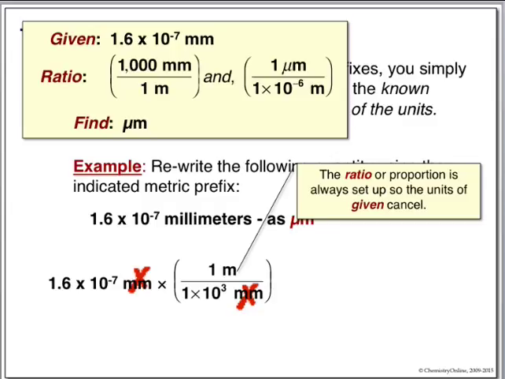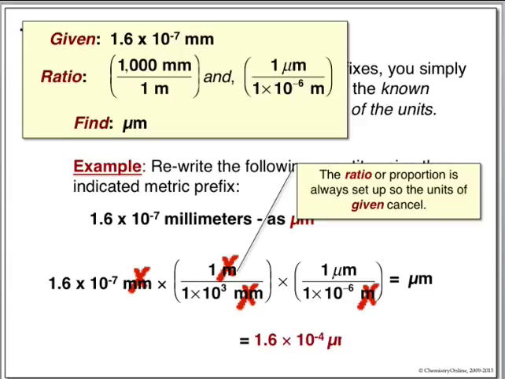And now, given is in units of meters. So our next ratio must have meters in the denominator. So micrometers and meters in the right spot. Now we just simply cancel the meters and do our simple math. 10 to the minus 7 divided by 10 to the 3rd divided by 10 to the minus 6 is 10 to the minus 4.